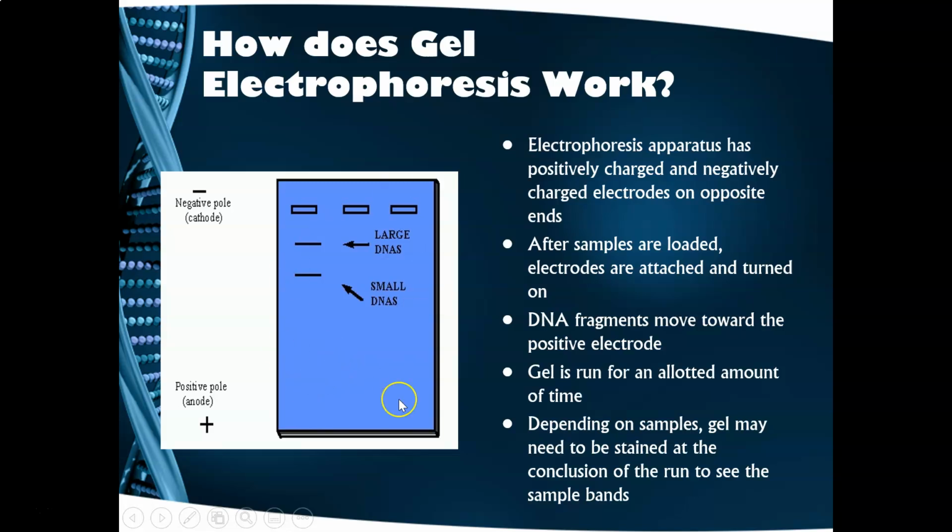I'd have to flip it around and put the wells down here so that it ran from positive to negative instead. So just something to think about when we're talking about what kind of samples can go in here and making sure that we're running it appropriately. Anyway, we're going to talk DNA. So DNA is negatively charged, so the wells go towards the negative end, and we push them towards the positive.